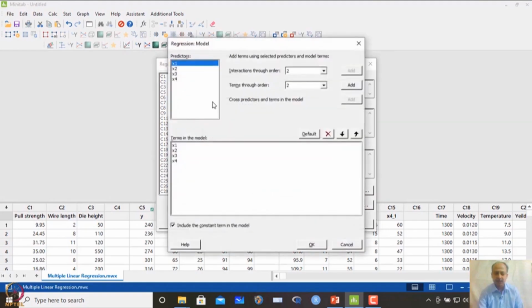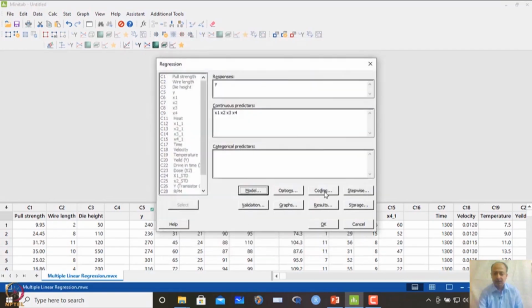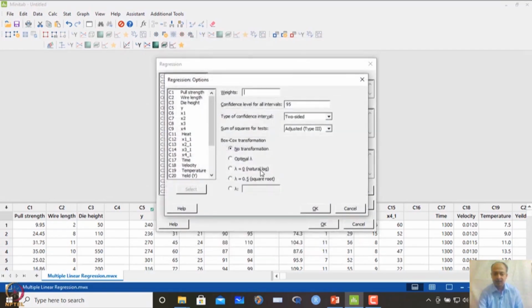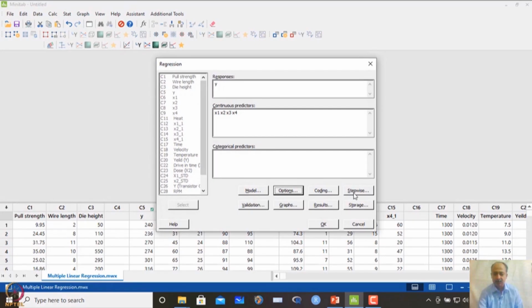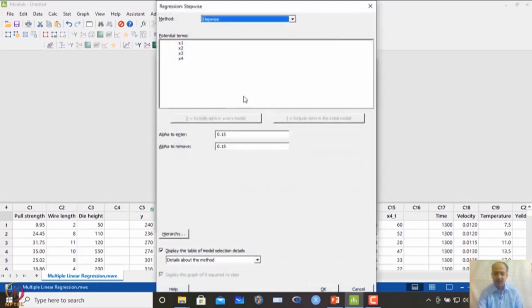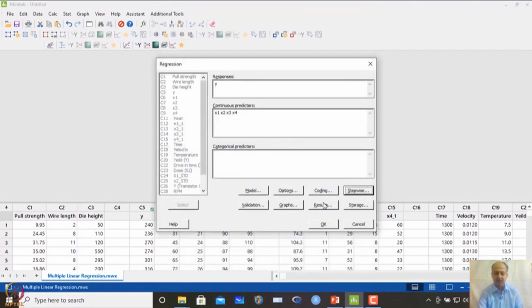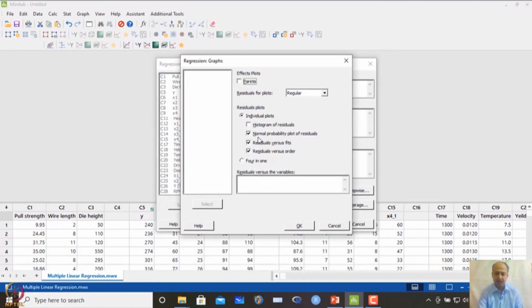In Models, we have considered all the variables and included the constant term. In Options we have not given any transformation, and we have not used any stepwise regression. In Graphs, we may see the normal probability plot, residual plots and order plots.